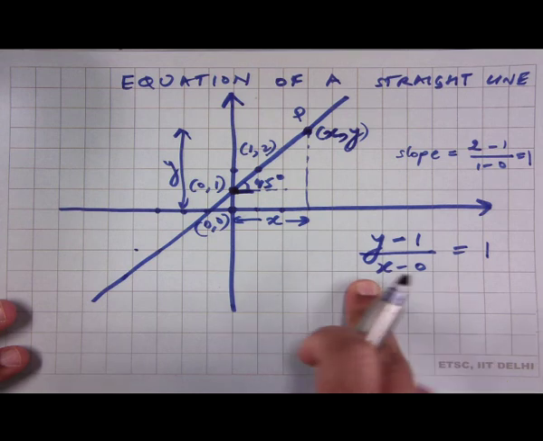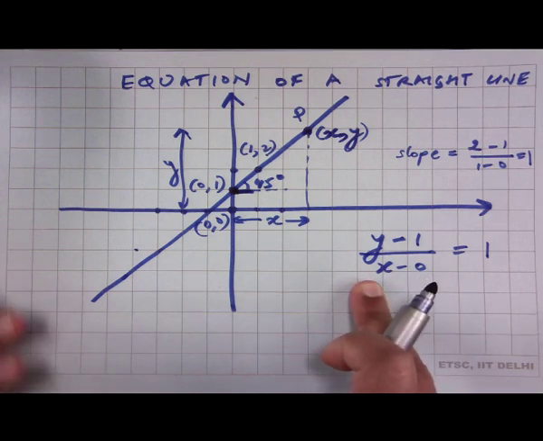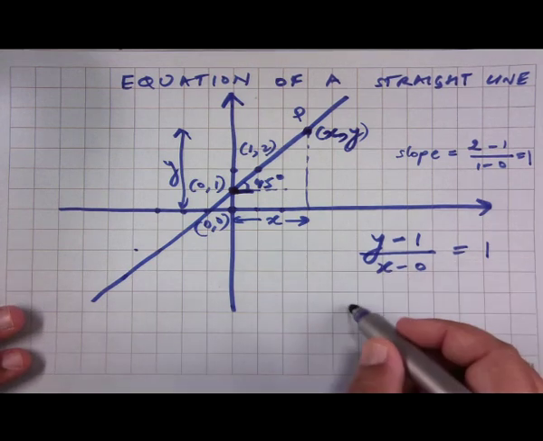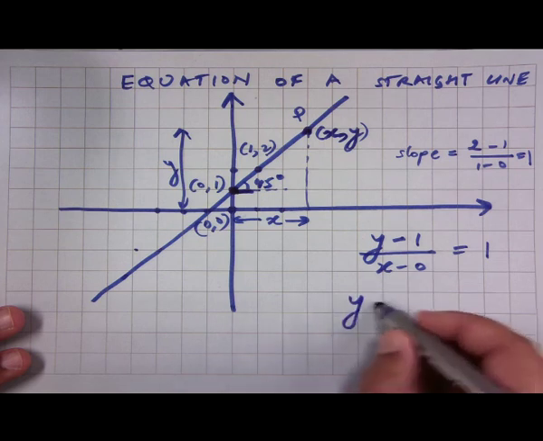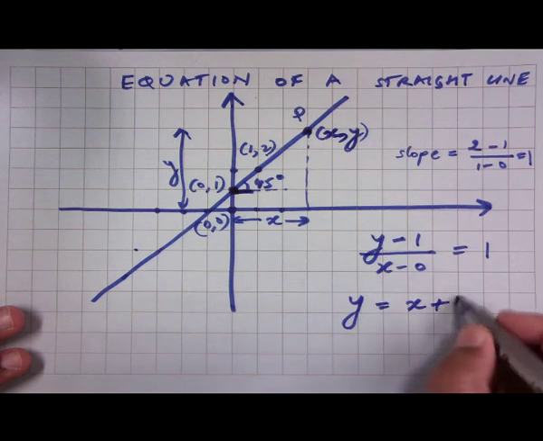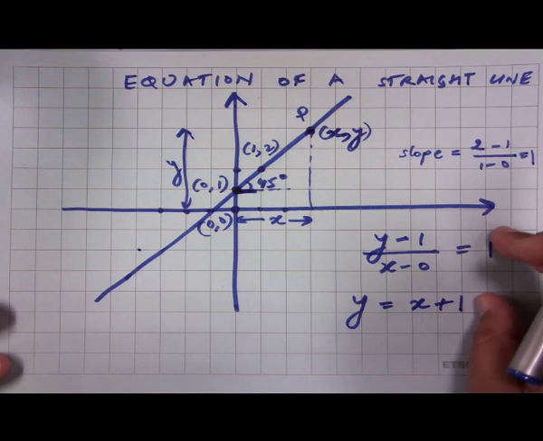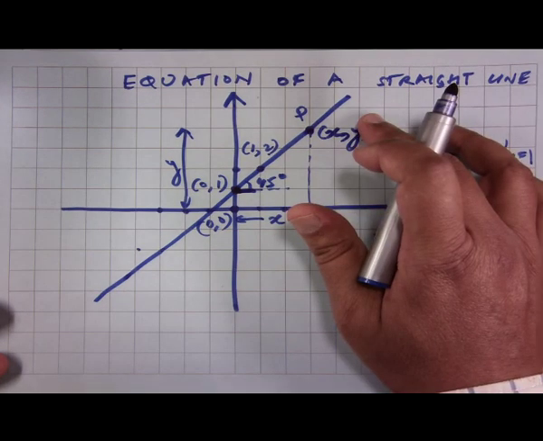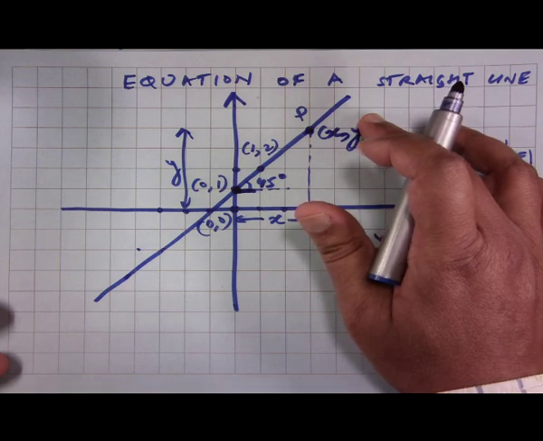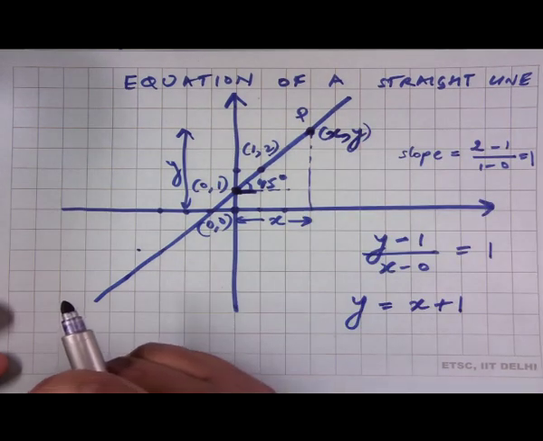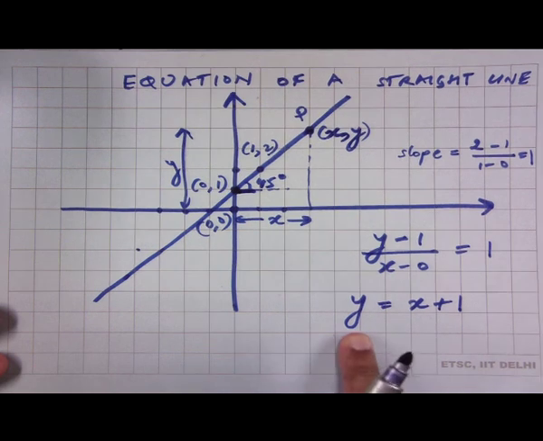So, that is how we get this equation, and then if we simplify it, we get y equal to x plus 1. So, we say that this straight line is a collection of all those points for which the y coordinate is 1 more than the x coordinate.